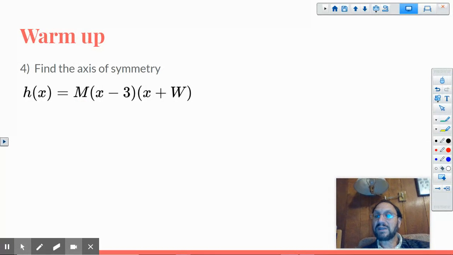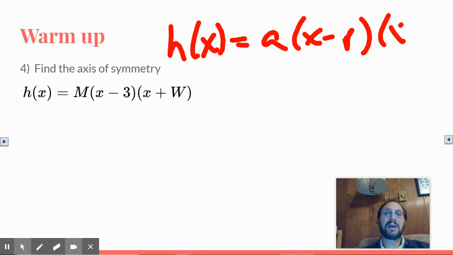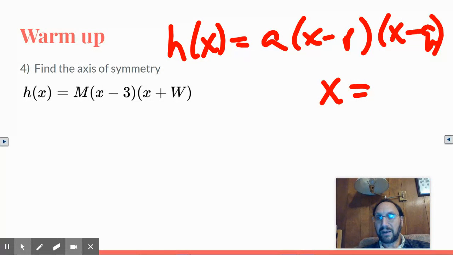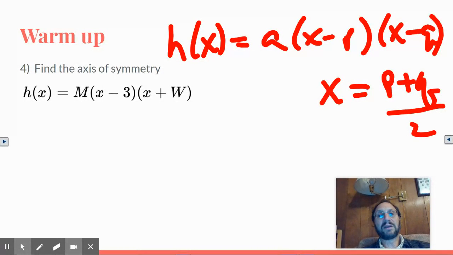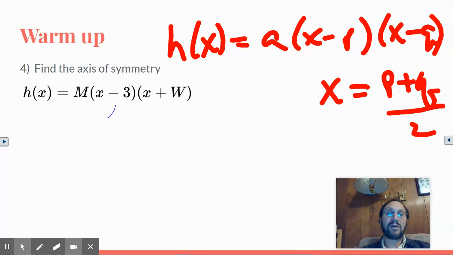And the last kind was like this. This is in the form of intercept form. So that's x minus p times x minus q. And to find the vertex or the axis of symmetry with this, we do p plus q divided by 2. So on the problem at hand right here, if I have x minus p is equal to x minus 3, that means that the p value is 3.